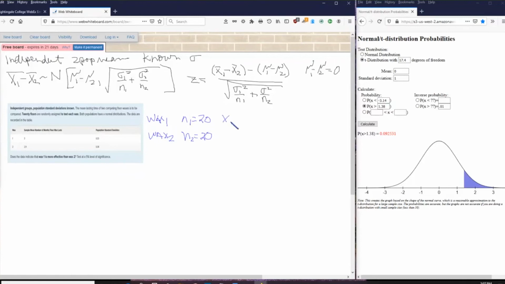The mean of the first one is going to be 3. The mean of the second is going to be 2.9. The population standard deviation for the first is going to be 0.33. The population standard deviation of the second is going to be 0.36.